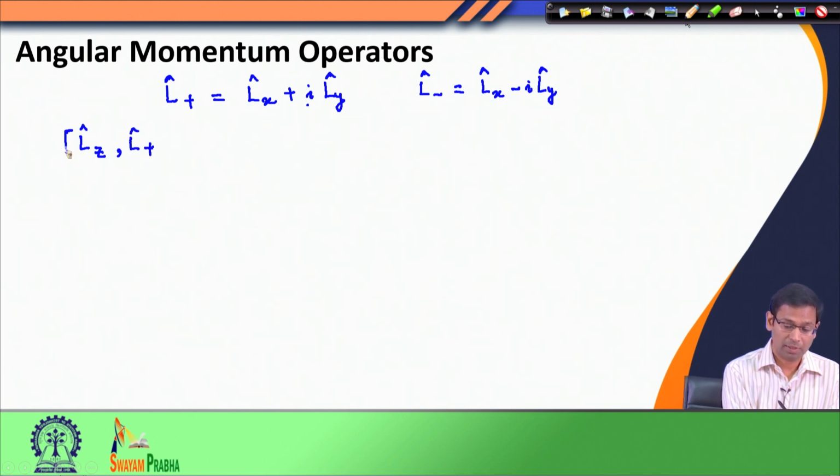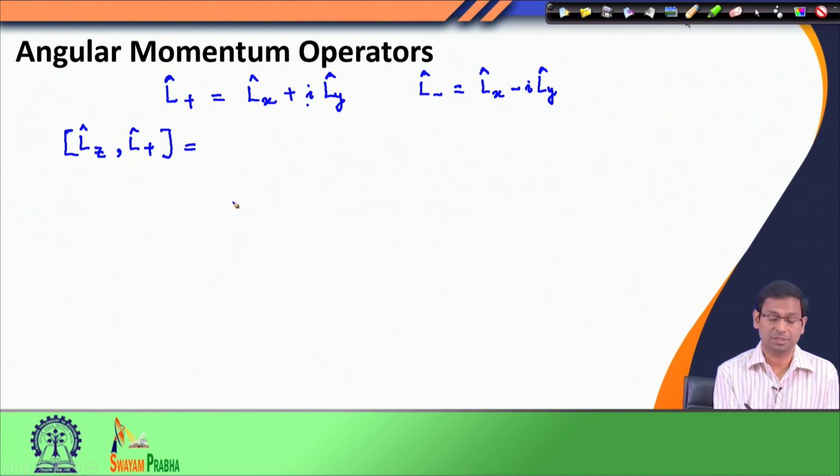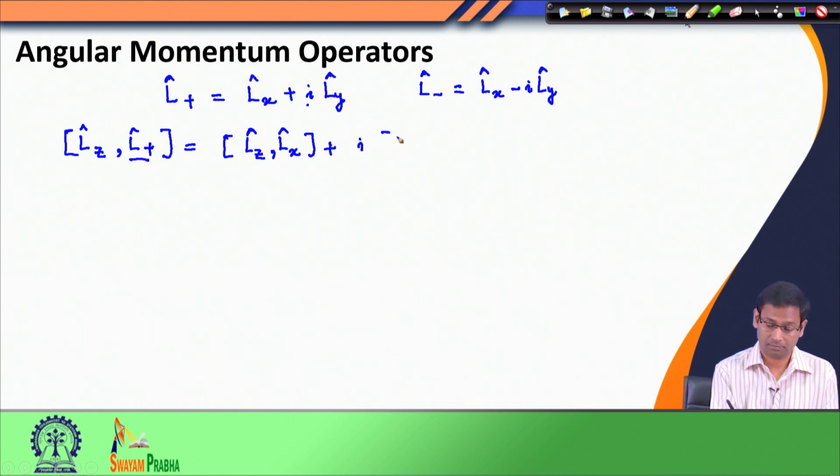We will try to evaluate whether Lz and L plus commute with each other or not. Since L plus is defined as Lx plus I Ly, I have simply the commutator of Lz with Lx plus I Ly.